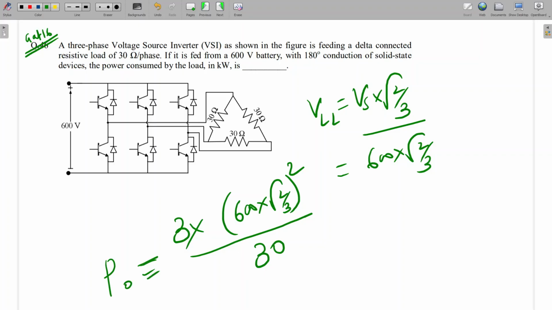Power we can calculate directly: 3 into 600 into root 2 by 3, whole square, divided by 30. We are getting 24,000, which means 24 kilowatt.